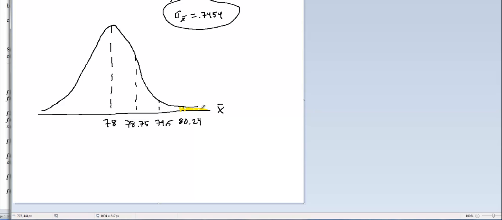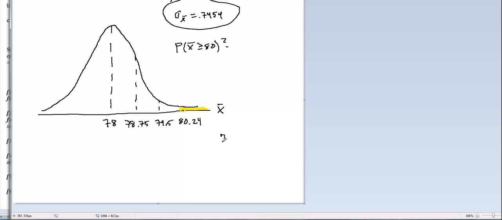It doesn't matter if you include 80 or not, because with a continuous distribution, the probability of getting exactly 80 is effectively 0. We're looking for the probability that x bar is greater than 80.